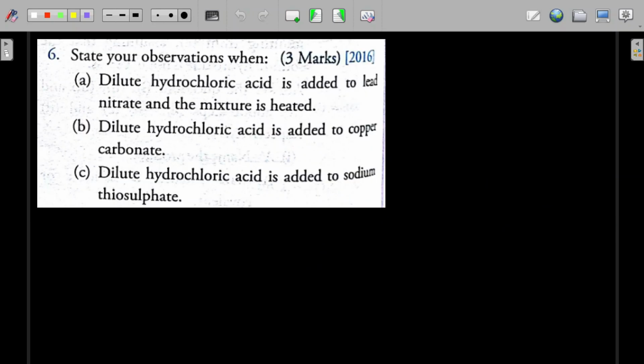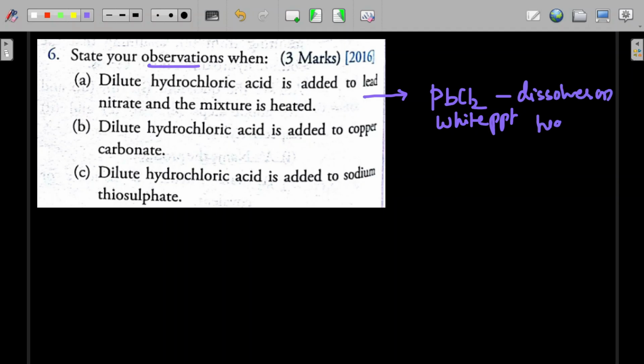Again, observations you can see. Hydrochloric acid added to lead nitrate and the mixture is heated: if you remember, we get lead chloride, a white precipitate. Practical chemistry part. The white precipitate dissolves on heating. Which one does not dissolve? Lead sulfate, if it is there.